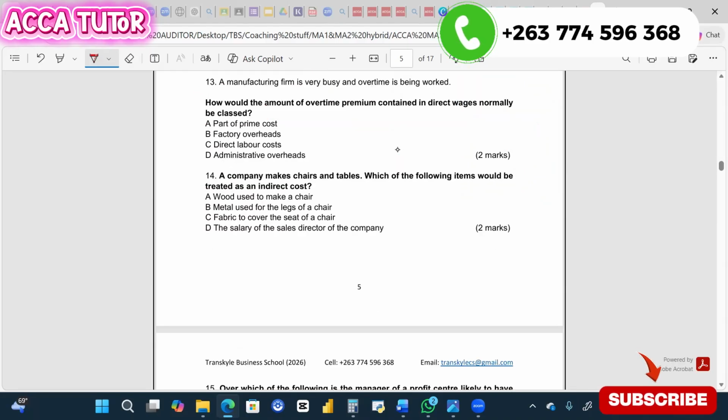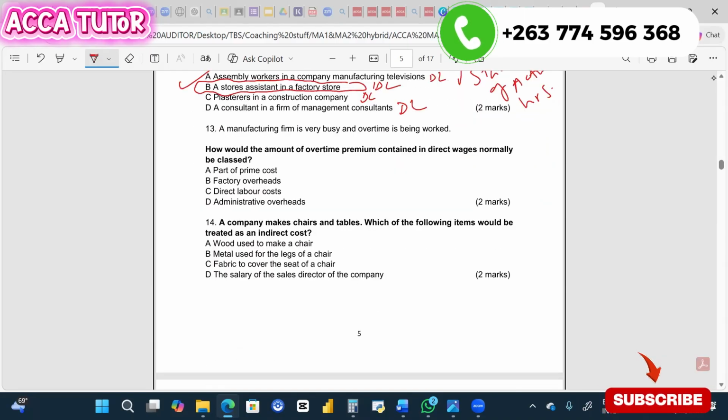And if you fail, I'll cry. A manufacturing firm is very busy and overtime is being worked. How will the amount of overtime premium contained in indirect wages normally be classed? The factory overhead.